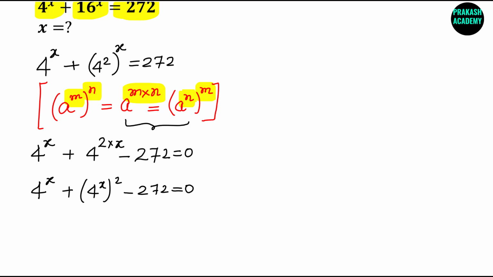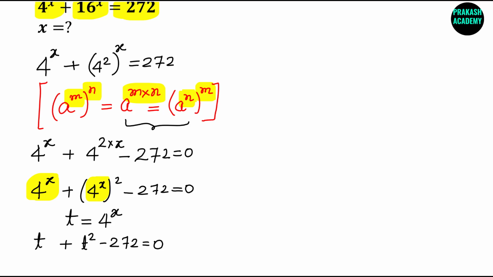Now see, 4 raised to the power x I have here and I also have here. Then I can say that 4 raised to the power x is equal to t. So let us say t is equal to 4 raised to the power x. Then with this new variable we will have t plus t square minus 272 is equal to 0.